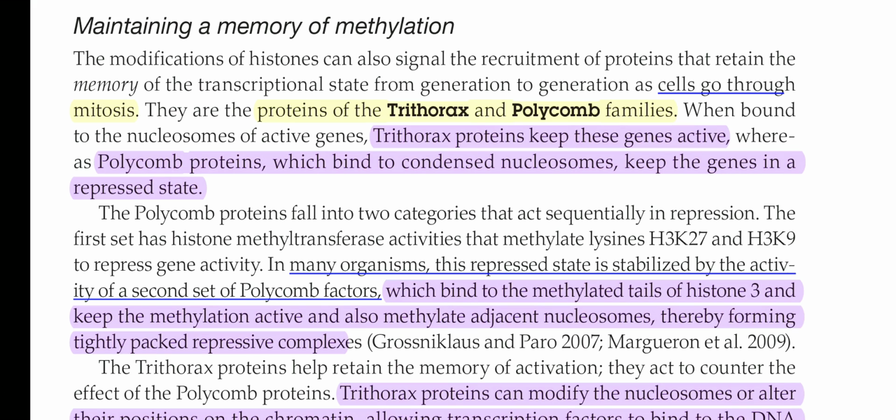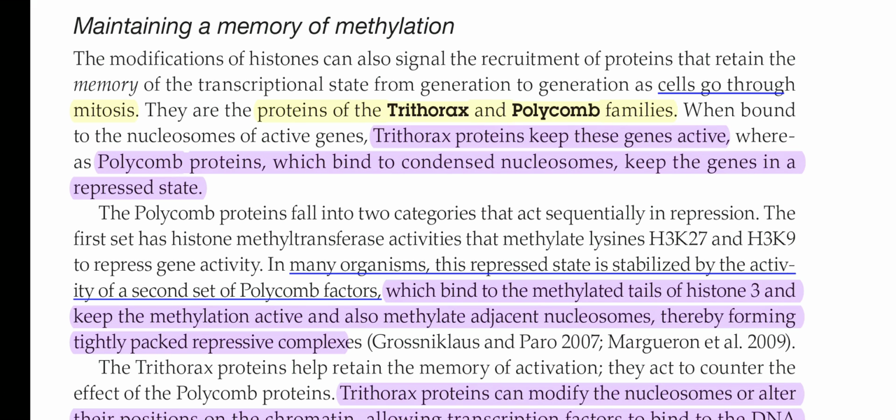Trithorax is the one which keeps the gene active, while the polycomb protein binds to the condensed nucleosome and keeps the gene in a repressed state, inactive.